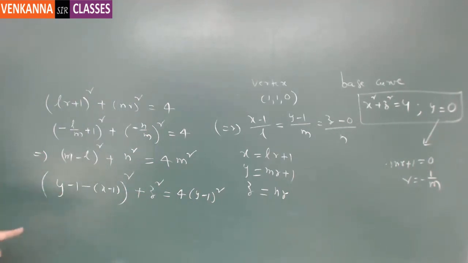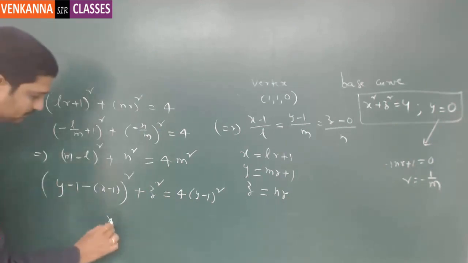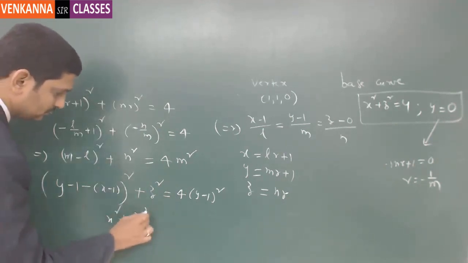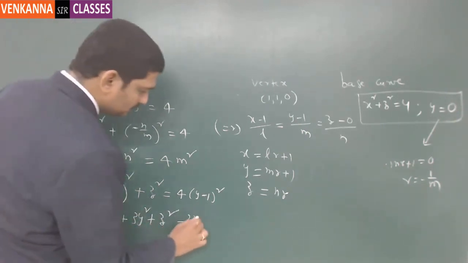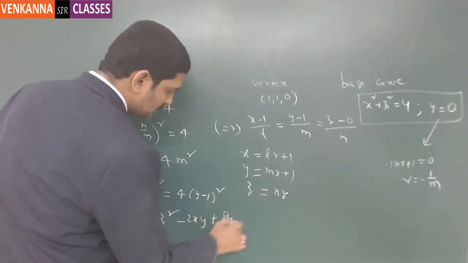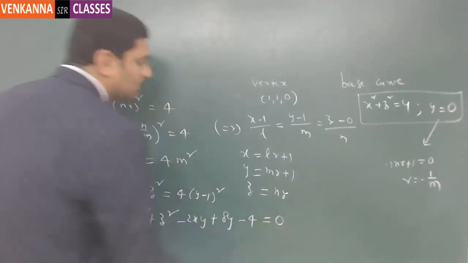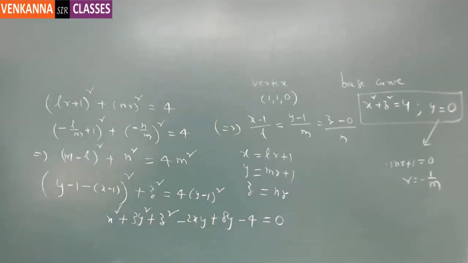On simplifying that, you will get x square plus 3y square plus z square, this is the equation of the cone. Minus 3y square or plus 3y square?